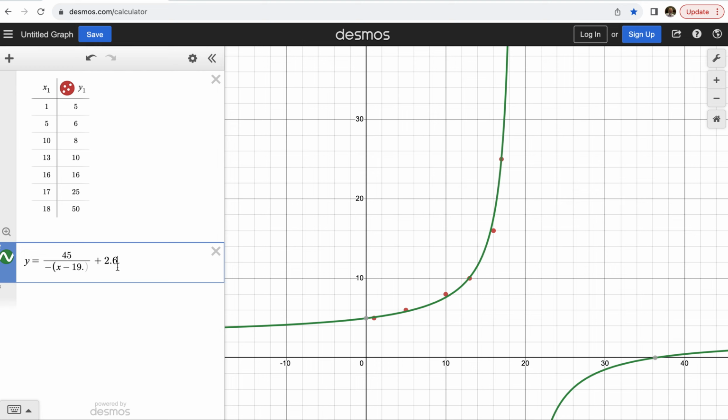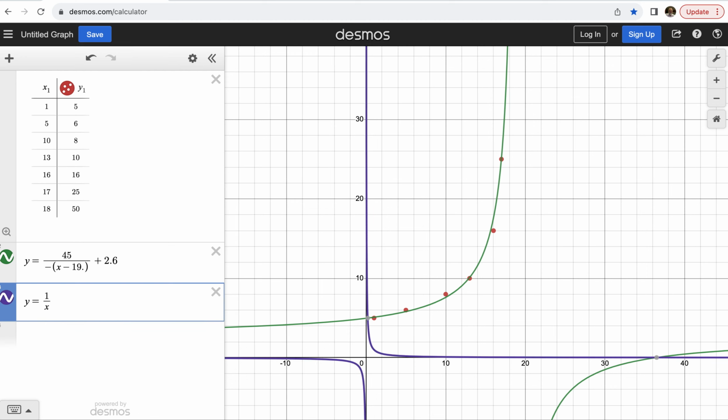Okay? That's the idea of how you get a model for this kind of data. It's all based on the curve y equals 1 divided by x, adjusted and moved around, and that's why we're doing these rational functions, because they have asymptotes like this does.